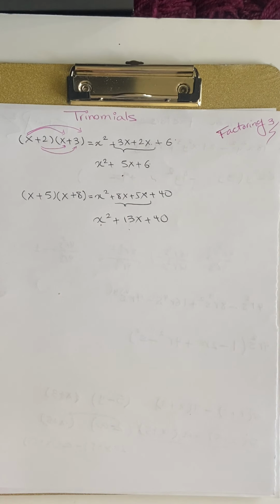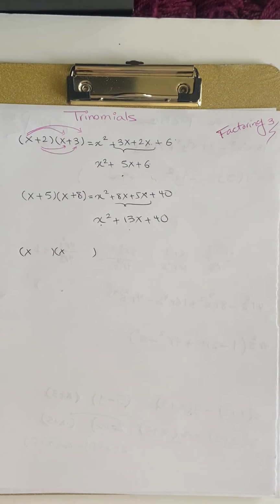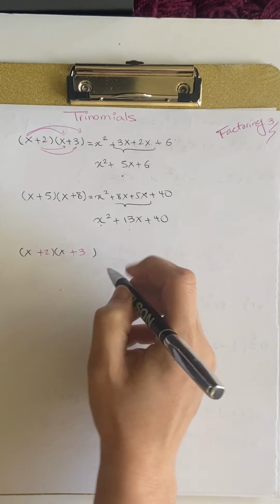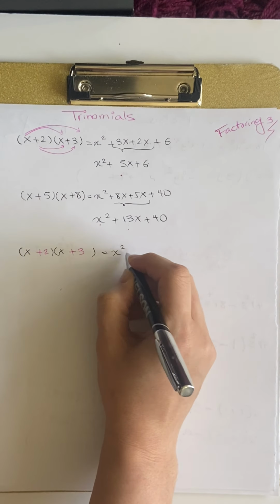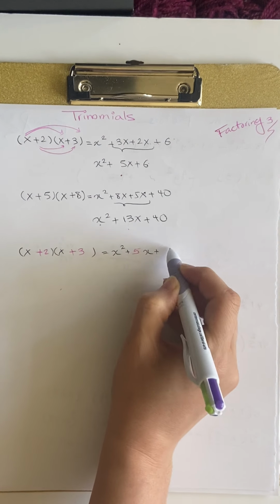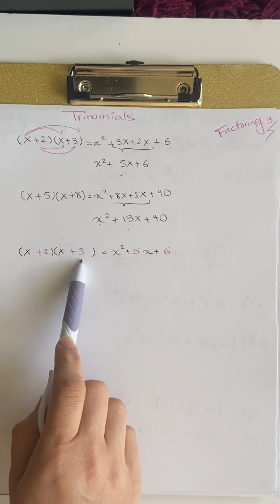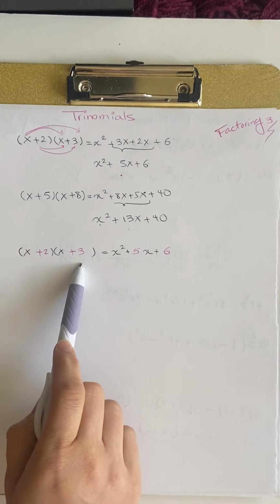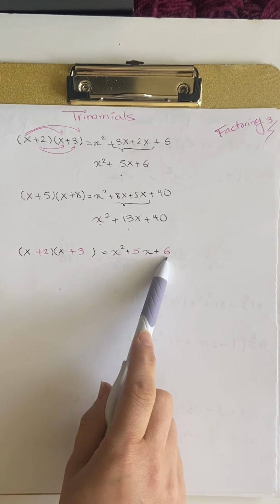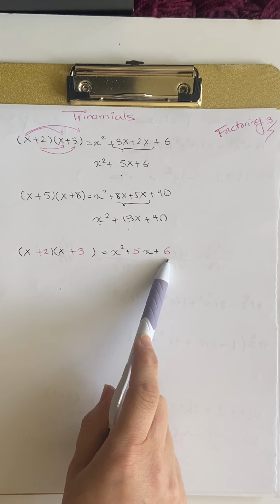So, in the first one, I have x plus 2, x plus 3, and the answer is x² plus 5x plus 6. What's the relationship between 5 and 2 and 3? Yep, 2 plus 3 is 5. And what's the relationship between 2 and 3 and 6? 2 times 3 is 6, correct?